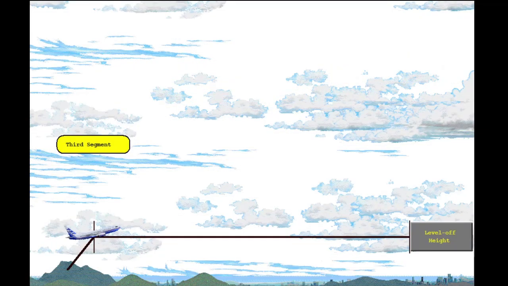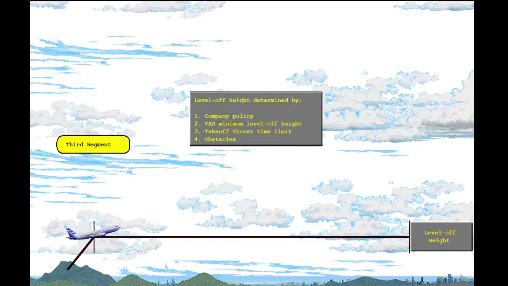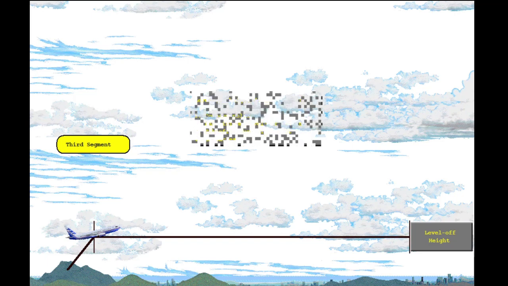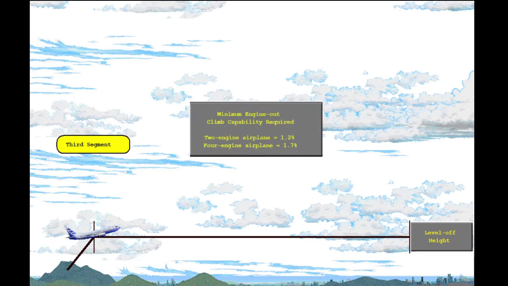The third segment begins at the initiation of level flight acceleration. This altitude is called the level-off height. The level-off height is determined by company policy, the FAR minimum of 400 feet, takeoff thrust time limits, or obstacles. The engine-out climb gradient capability above 400 feet must be at least 1.2% for a two-engine airplane and 1.7% for a four-engine airplane.